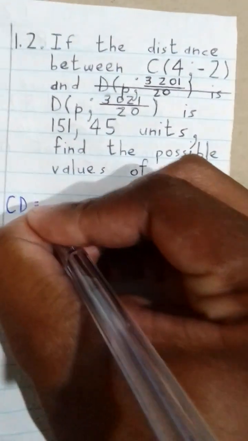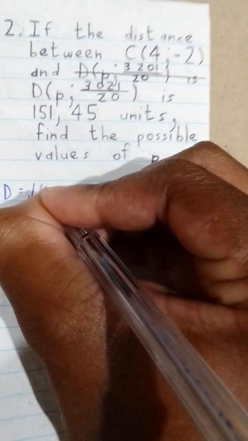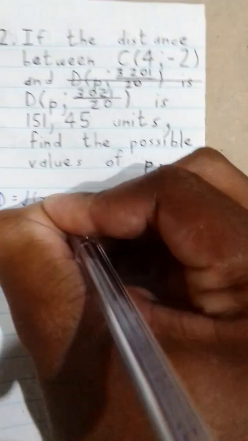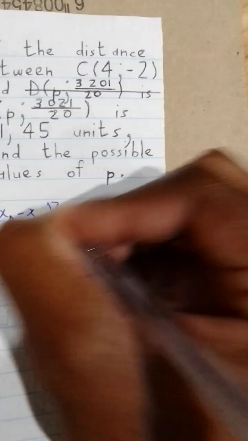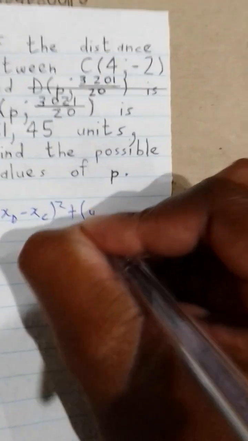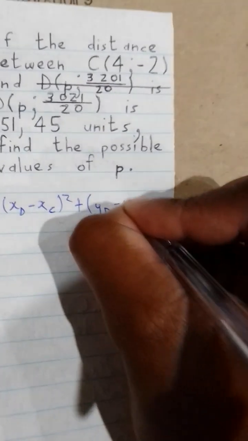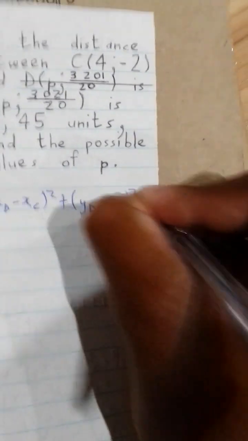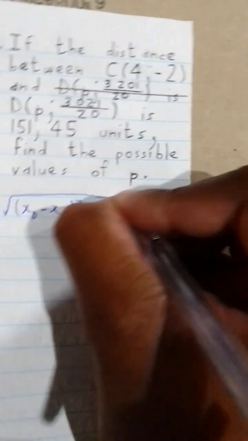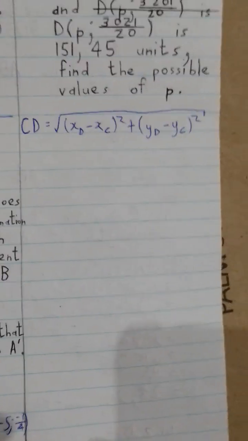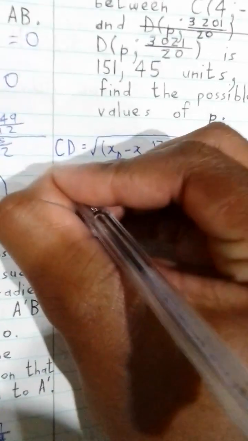CD is the square root of x of D minus x of C, squared, plus y of D minus y of C, squared. Okay, CD is 151,45.